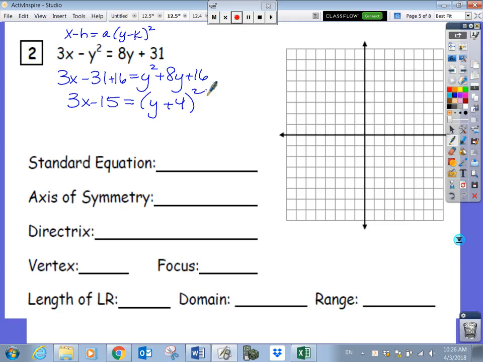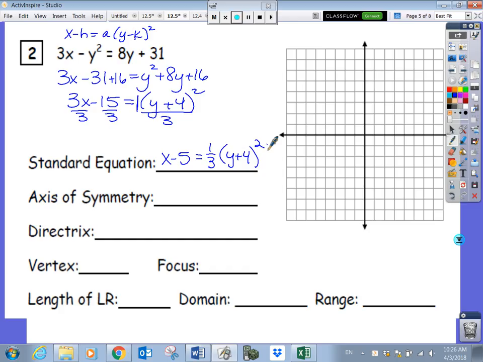And the only other thing we have left to do is get that leading coefficient to be 1. So we need to divide every term by 3. And now we can write standard form. x minus 5 equals, there's a 1 up here, so we bring that 1/3 out, y plus 4 squared.